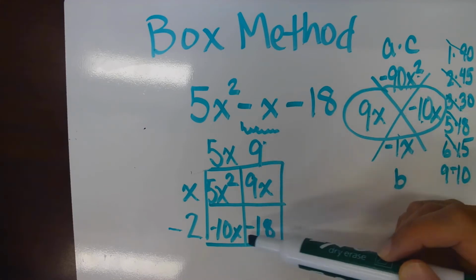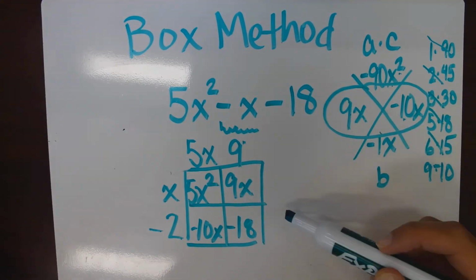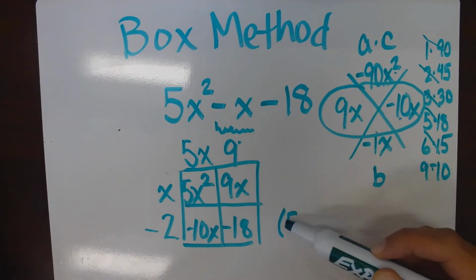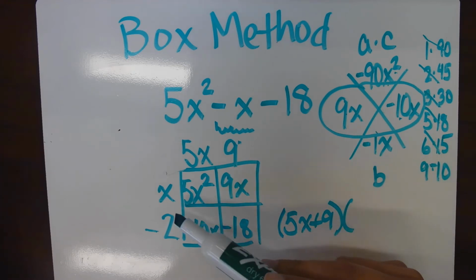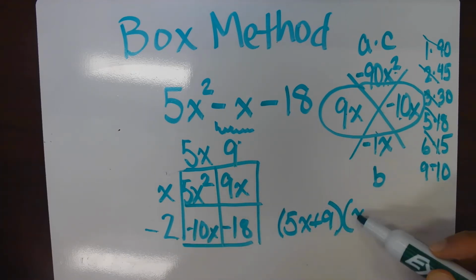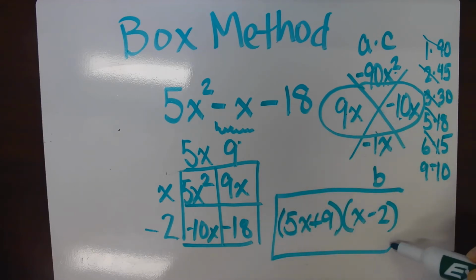And 9 times negative 2 gives me negative 18. So my final answer here will be 5x plus 9 and then x minus 2. And that's my factored answer here.